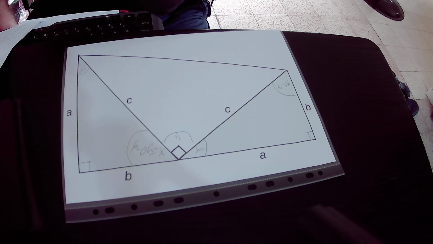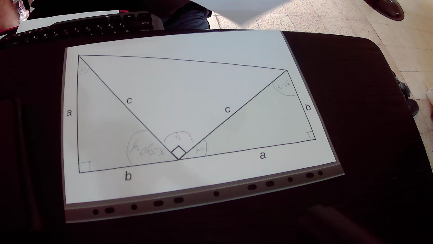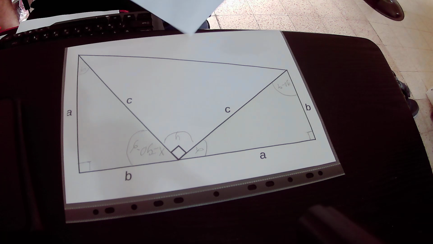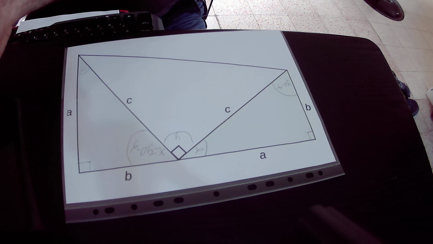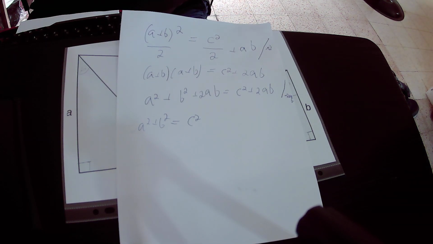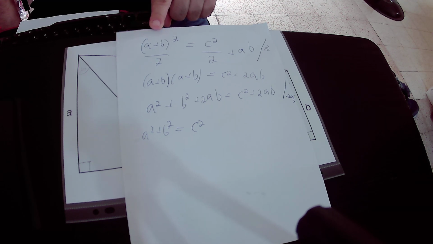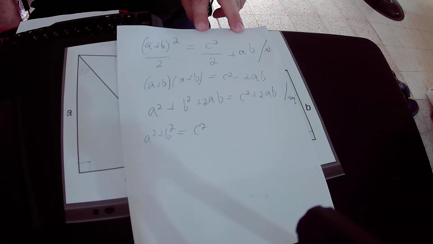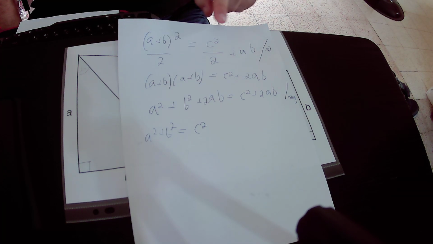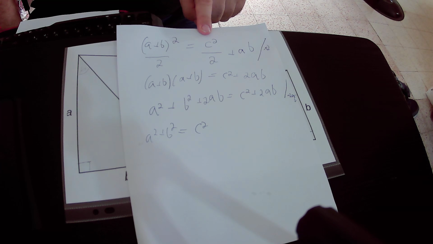So we got here the area of the trapezoid, a plus b squared divided by 2, equals the area of the 3 triangles, that is a times b divided by 2 plus a times b divided by 2, in total ab, plus the area of the middle triangle, c squared divided by 2.